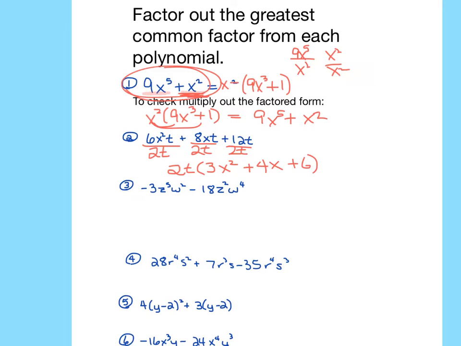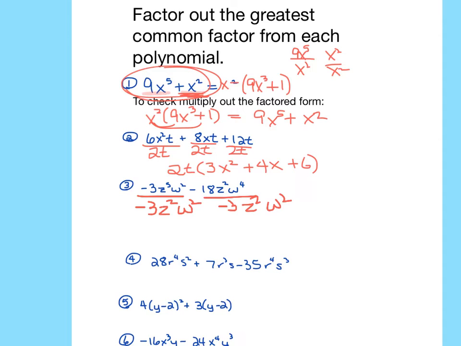Okay? Negative 3, z to the power 2, and w to the power 2. Beautiful. Everybody see that? They both have the letters z and w. And again, you're looking for the smallest exponent on each of the letters. So z squared, w squared.